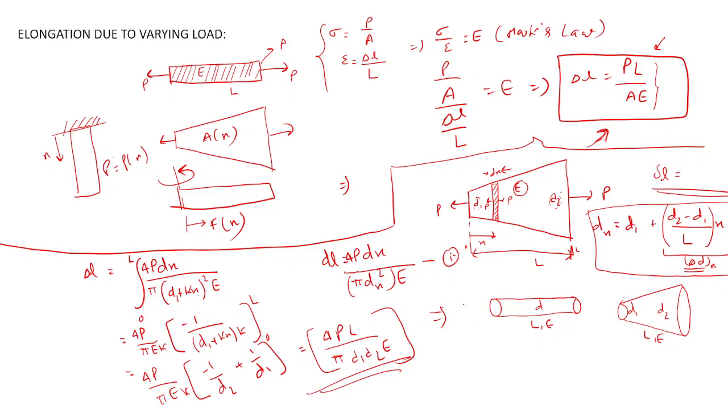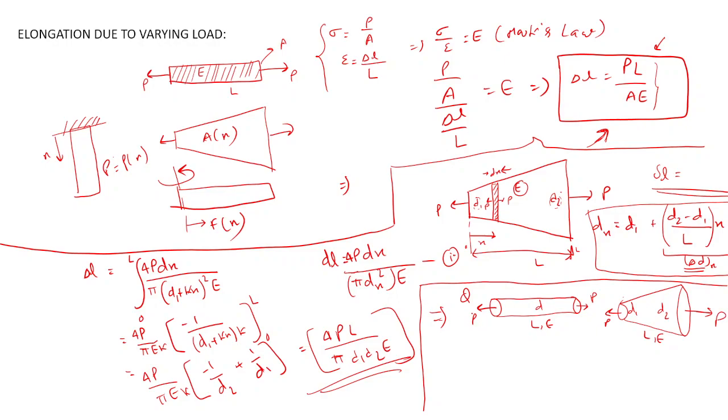I will wait for 1 minute. This is the first question. Equivalent means all other properties would be the same apart from d1 and d2. When we apply load P here and P here, the deflection is the same, the elongation would be the same in both.